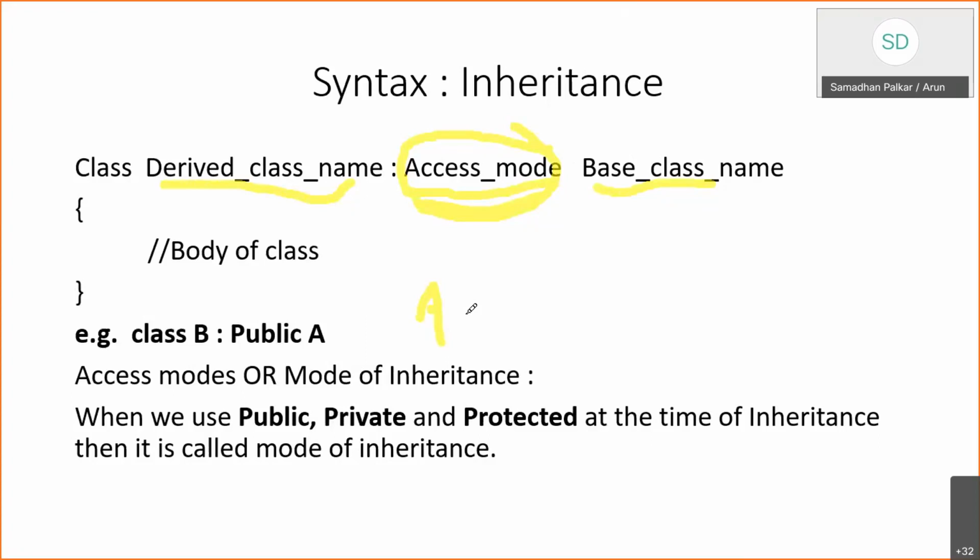You cannot access those protected data members outside the class, right? If you create an object, you cannot access those protected members outside the class. Protected members are accessed only in the derived class.